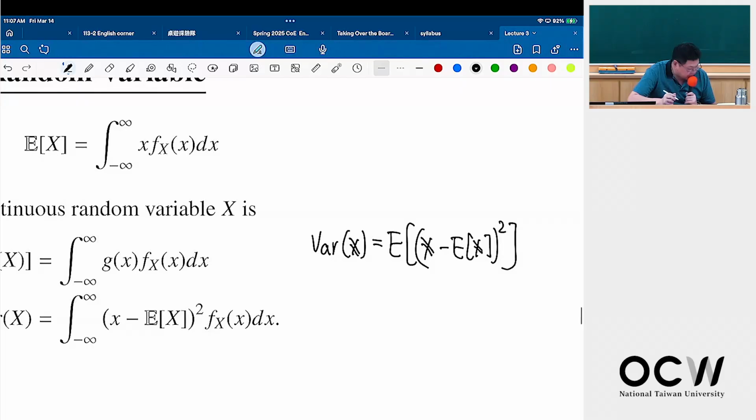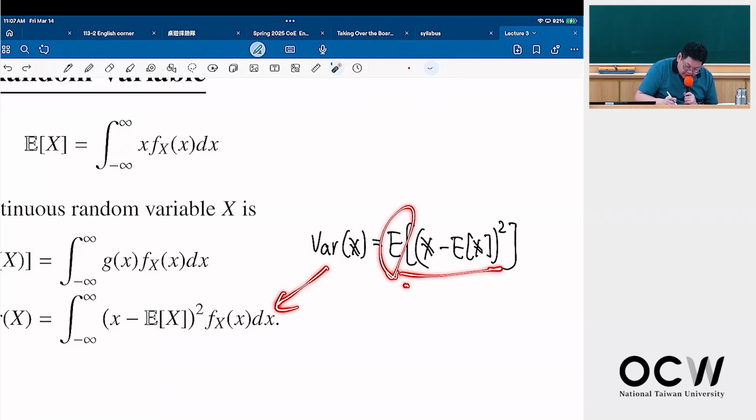So that's why this is also another expectation, right? Same thing, times their corresponding weightings. You can consider all.